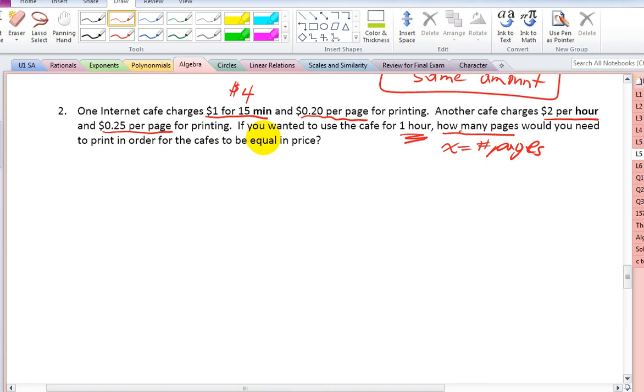Okay. So when is it going to be equal in price? So we have Internet Cafe 1 equals Internet Cafe 2. So what goes on the left? What goes on the right? Try and figure that out. Go. It's going to be similar to the above question.